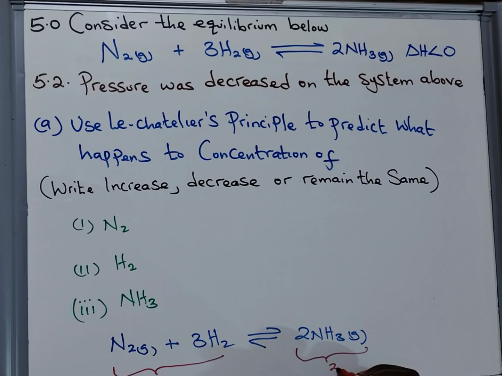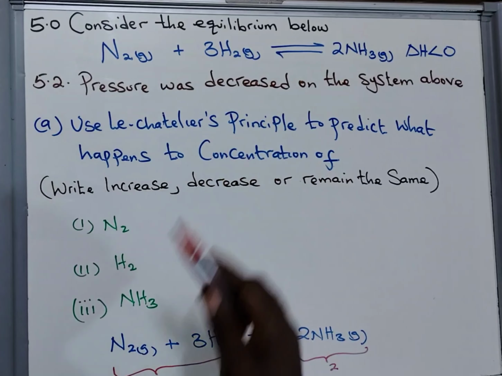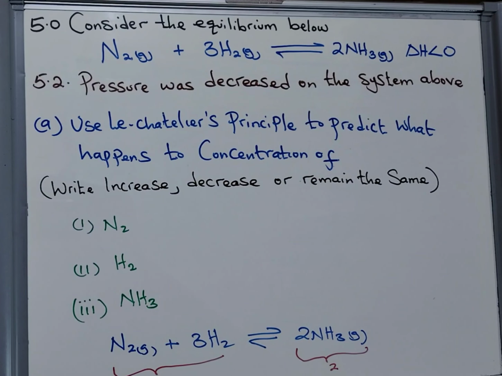Okay. And they say pressure was decreased. So according to Le Chatelier, a decrease in pressure favors the direction which increases pressure, because whatever you do is opposed. So what direction increases pressure?